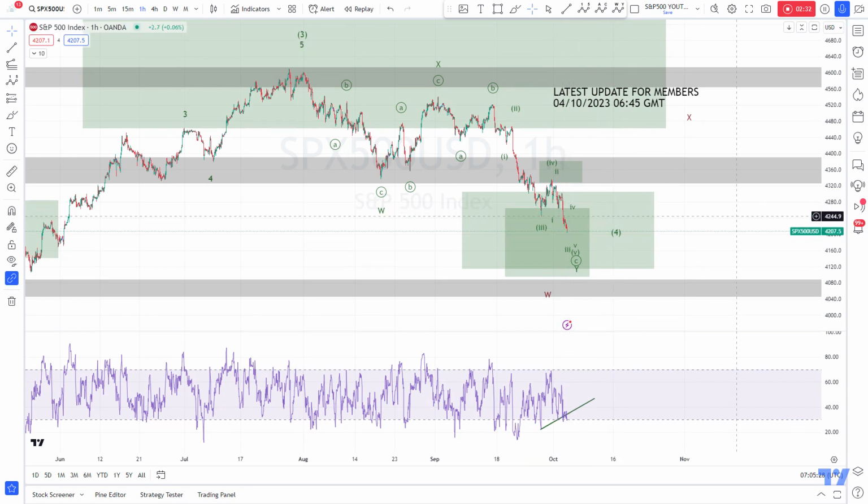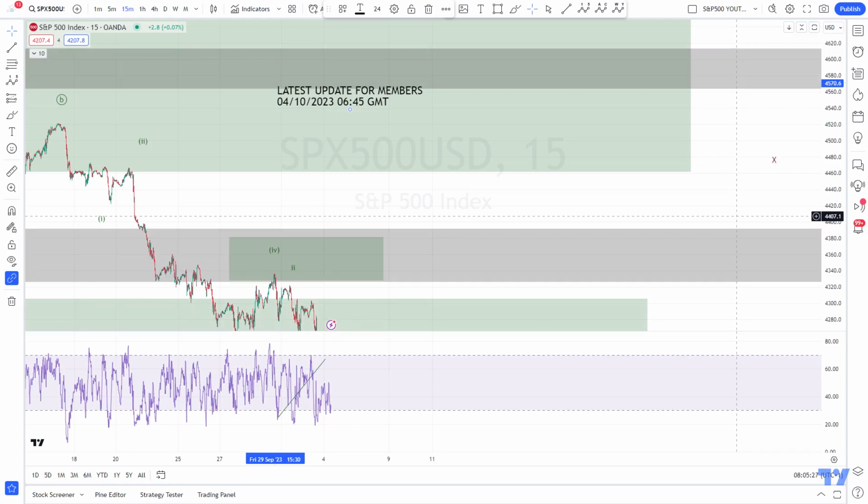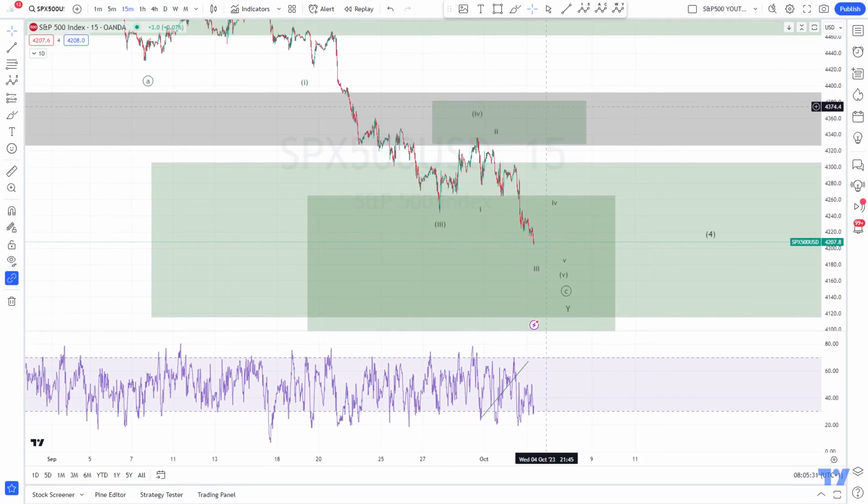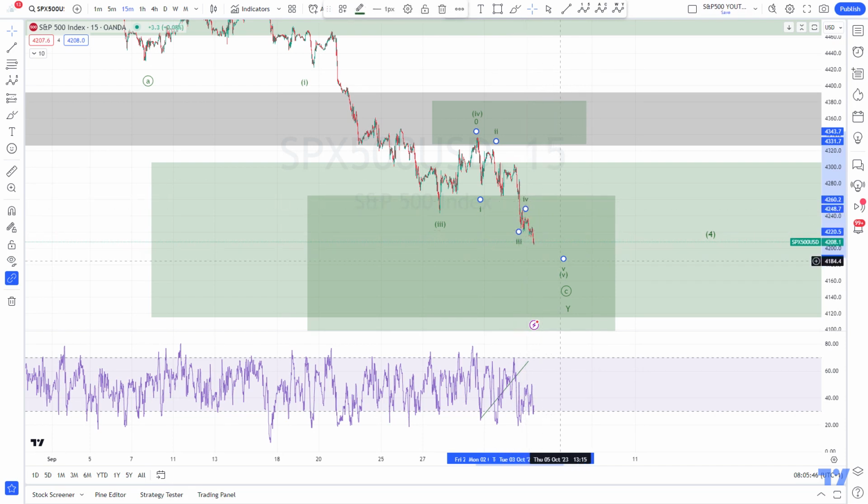Therefore, we can have a look at the 15 minutes, but this is really micro counting. It could be that we are doing something like this 3, 4, 5. It could also be that the 3 and the 4 are situated here, and that we now have this final push. That's also a possibility.